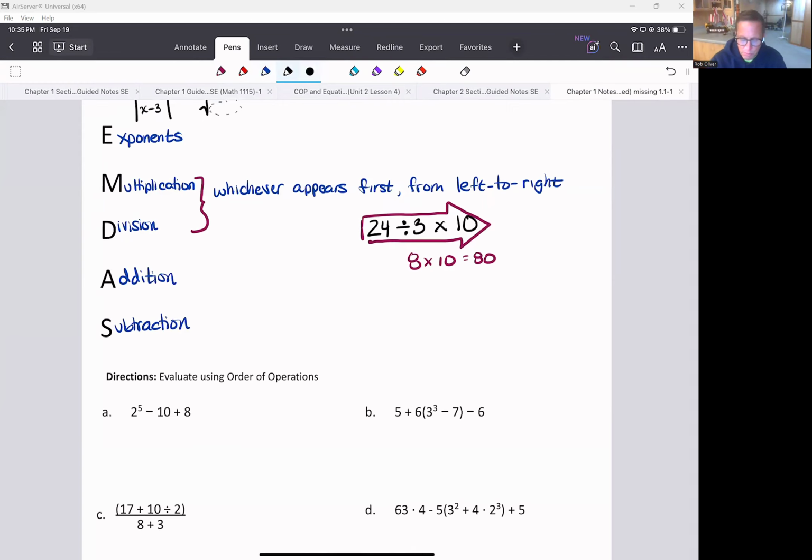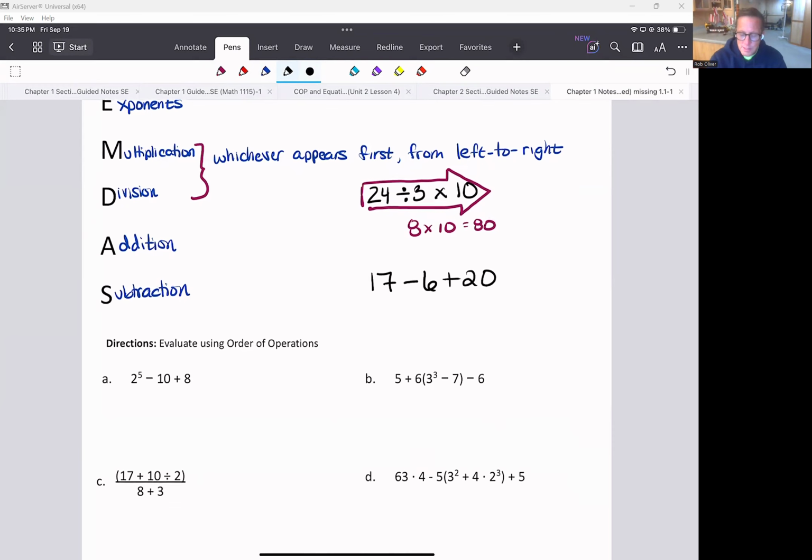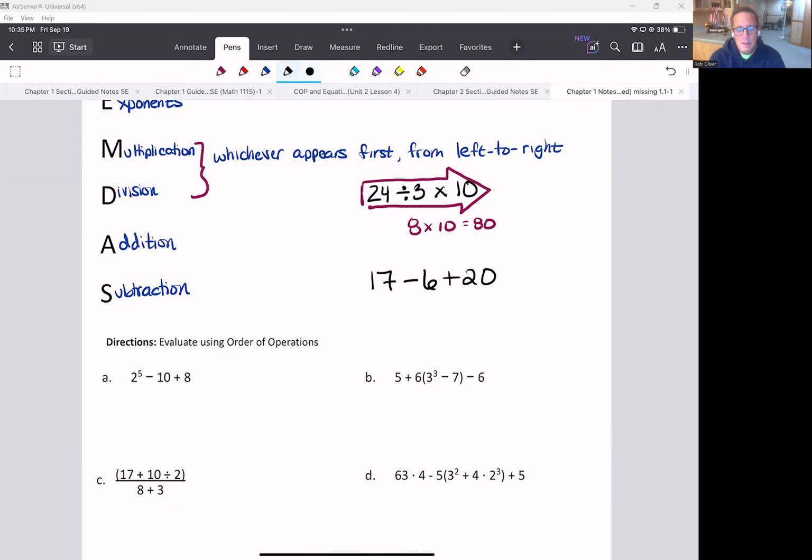If you have 17 minus 6 plus 20, the addition might stand out to you and you go, oh, I better do that first. No, when subtraction and addition are together, just go left to right. The same thing is true here. I'm going to put ditto, which means same deal. It's whatever appears first from left to right.